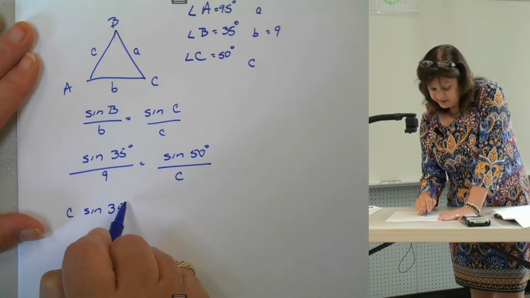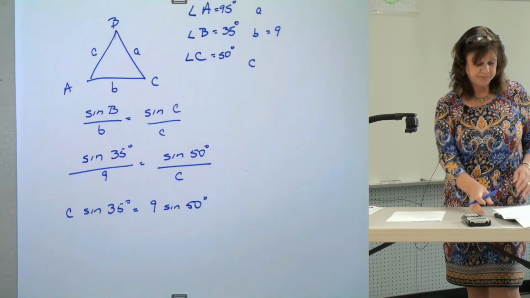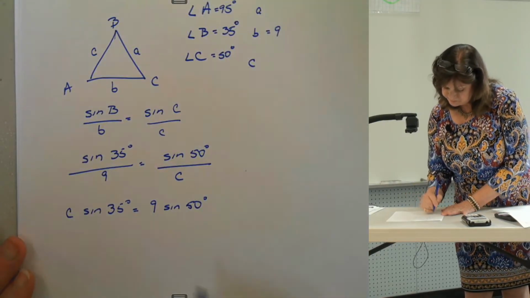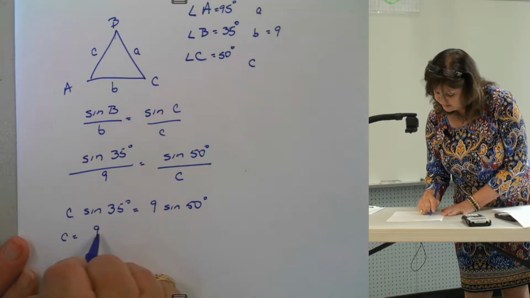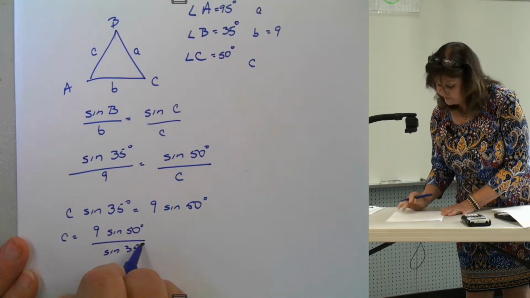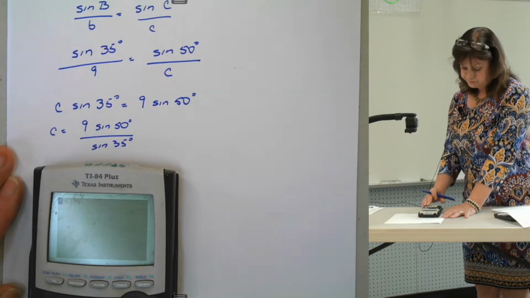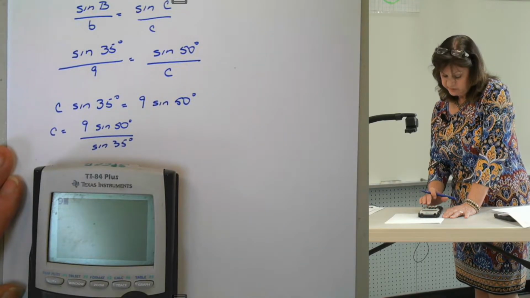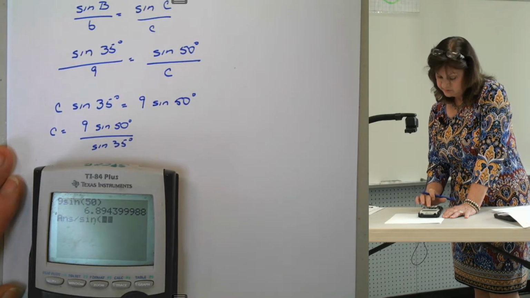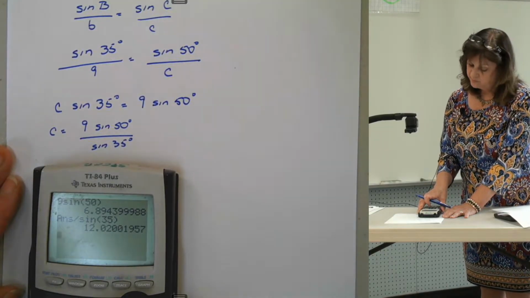C sine 35 is 9 sine 50. Length C is 9 sine 50 over sine 35. I would evaluate the numerator first and then divide it by your denominator. And you have a side length C that is 12.020.